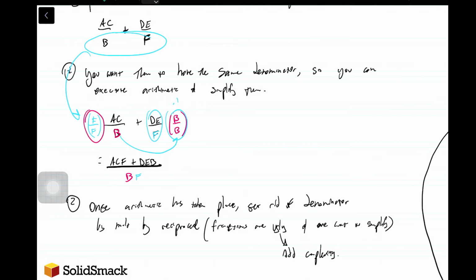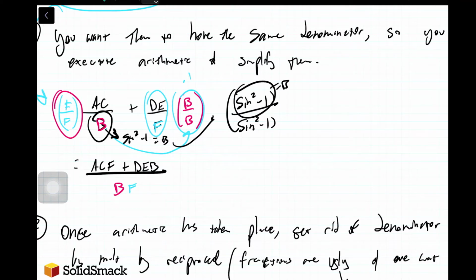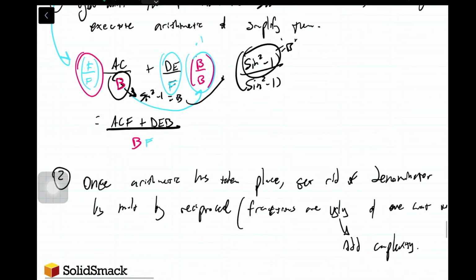This is simple algebra that we all know. And really, that is what's happening here with sines and cosines. So as complex as this B may look, it may look like sine squared minus 1, something like that, equals B. So then we're going to multiply by sine squared minus 1, like this. But we're just calling this B, because it's a lot more simple to look at it in abstract terms.